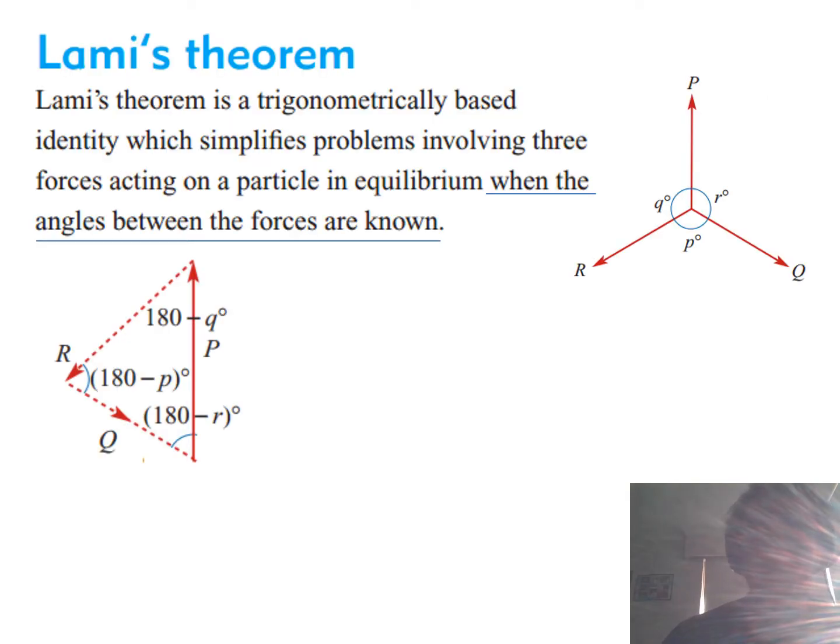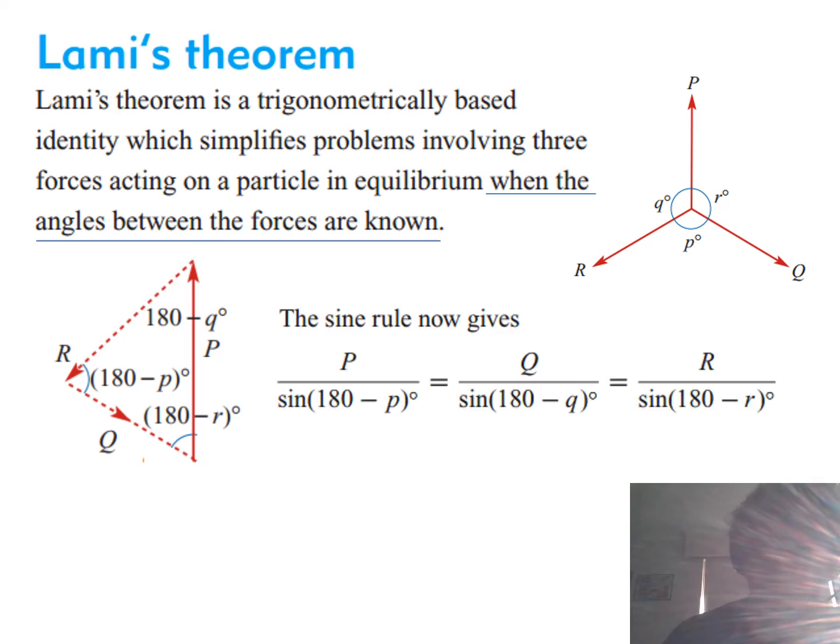Okay, if you've forgotten Lami's theorem, here it is. So here's the generalized situation. A force of magnitude R directly opposite an angle between P and Q of magnitude R, angle P directly opposite force of magnitude P, angle Q directly opposite a force of magnitude Q. When we create our resolved closed triangle of forces, the sine rule suggests the following relationship is in play, but of course sine of 180 minus theta is equal to sine of theta.